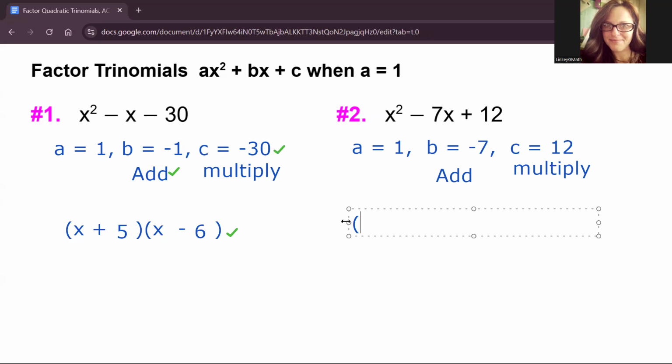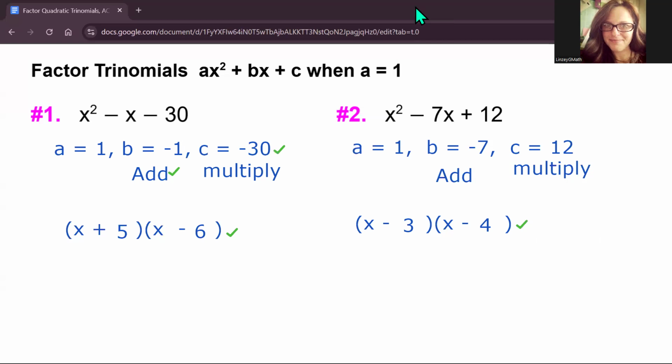Okay, needs to add to -7, so both numbers will be negative. Two negatives multiply to a positive, and two negatives added equal a negative. Yeah, -3 and -4. Multiplies to a +12, adds to -7.